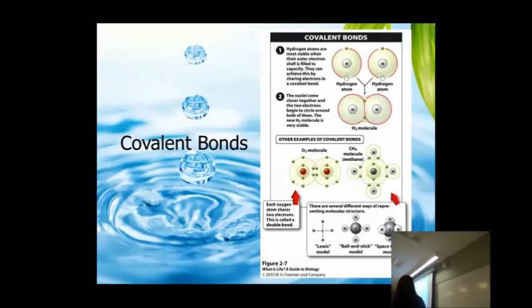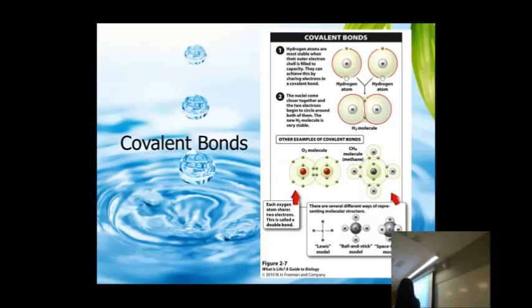They want to be stable at 2 electrons, and so what they're going to do in covalent bonding is come closely together so that each one is sharing with the other one. And so covalent bonding is the sharing type of bonding.